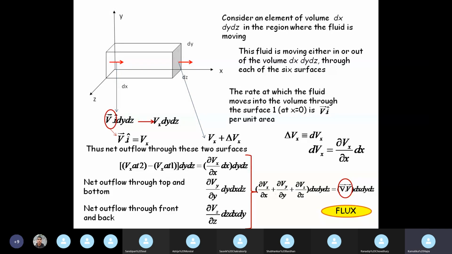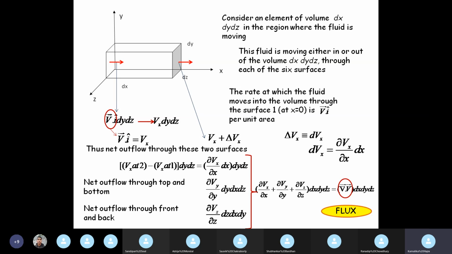If the flux is positive, it means that the amount of fluid that is coming out of this region is more than that had entered, right? And that would indicate that there is some source over here. Suppose there are two doors to a room, so the number of people entering the room through a door should ideally be equal to the number of people leaving through the other door.